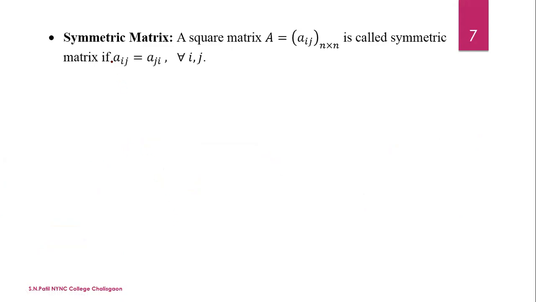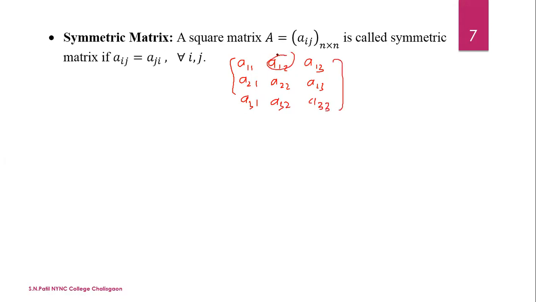Symmetric matrix means what? When Aij is equal to Aji. For example, see, we have the elements a11, a12, a13, a21, a22, a23, a31, a32, a33.